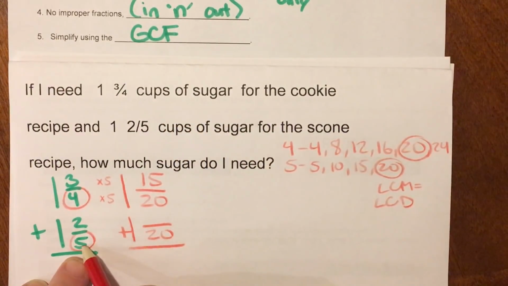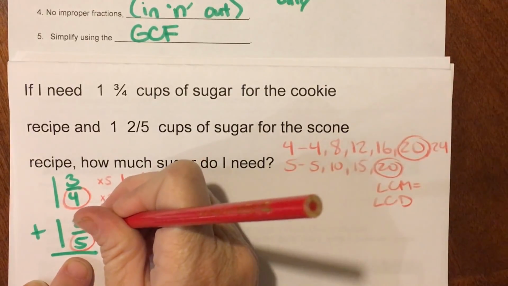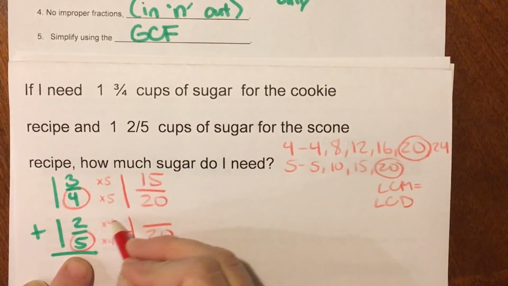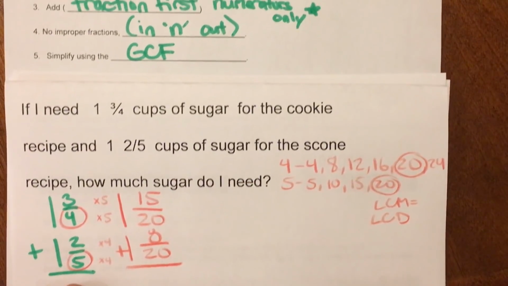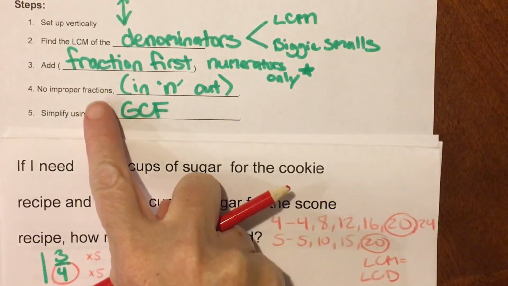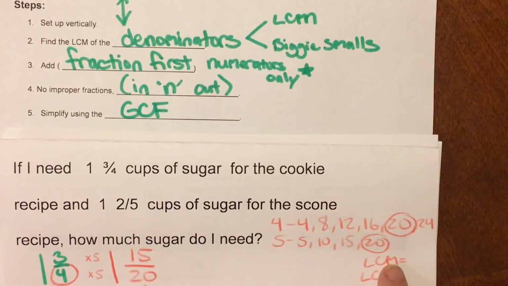Okay, how did this denominator of 5 become a denominator of 20? I multiplied it by 4. So I'm going to do that here as well. 2 times 4 is 8. Okay, so I've finished step 2. I found the LCM and made them have the same denominator.